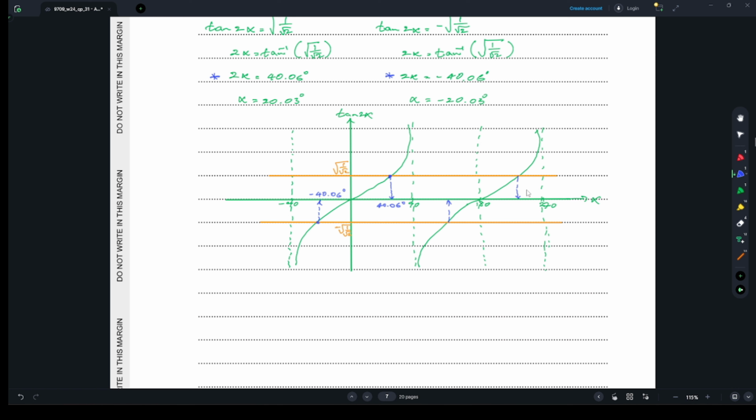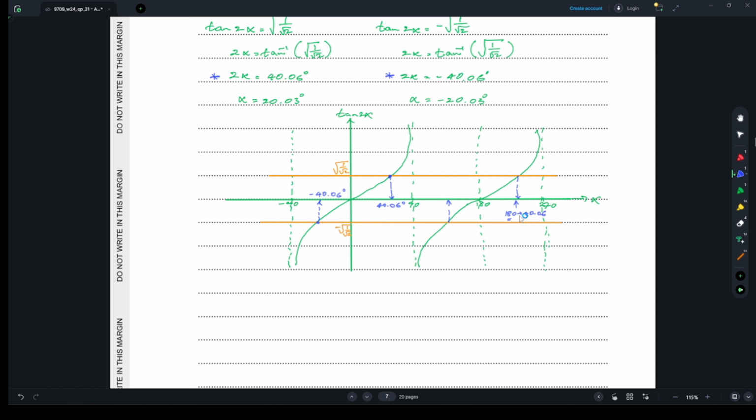In the top one, if you want to find this, how can you write the answer? Previously it was 40.06, and with tan it's really easy. You have to just add 180. So here 180 plus 40.06, then it will be around 200 something.